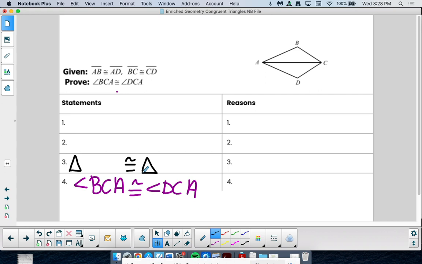So here we go. Let's mark up our picture. AB is congruent to AD. And BC is congruent to CD. That's free information. So let's put both of those on our first line here.